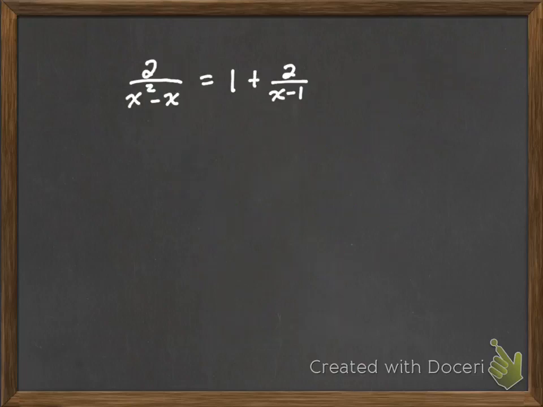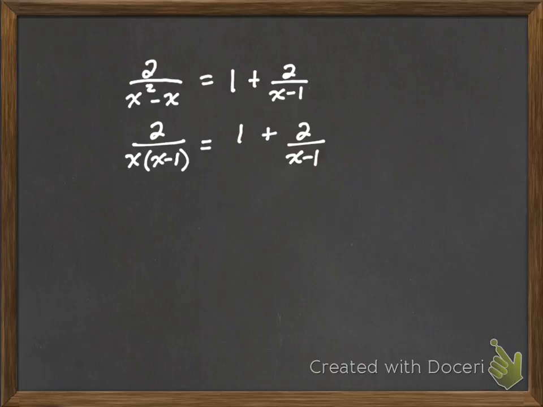All right, so the next one, we want to factor this first fraction. It goes down to x times x minus 1. Take out a common factor there. All right, so then our GCF that we're going to multiply by is going to be x and x minus 1.